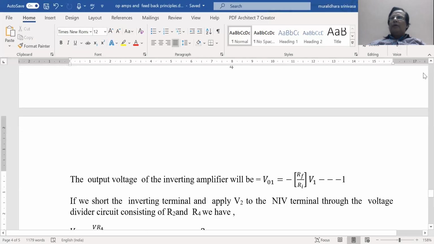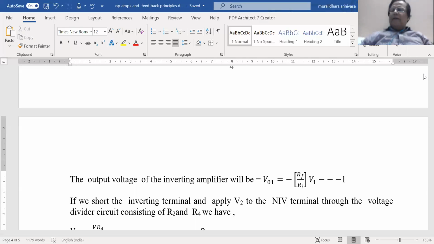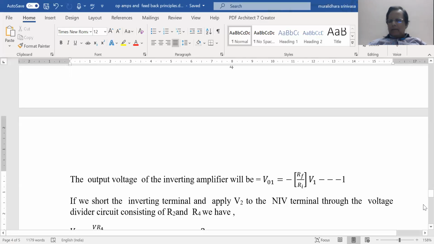We have looked at the four different types of negative feedback: voltage series, voltage shunt, current series, and current shunt feedback.